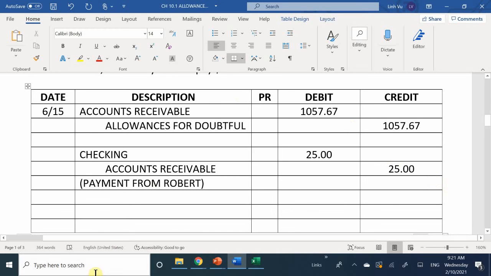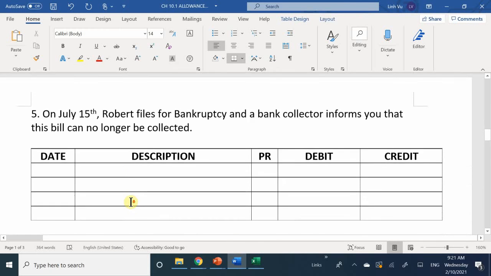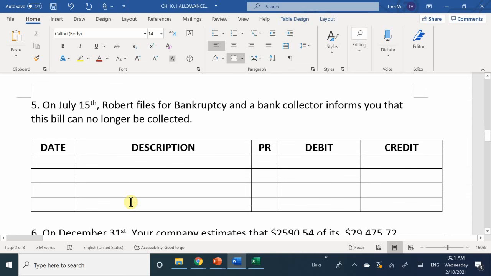Okay, so that's that there. So then now on July 15th, Robert actually files for bankruptcy. Okay. And the bank collector informs you that he can no longer pay. So now what can we do? What do we do here?